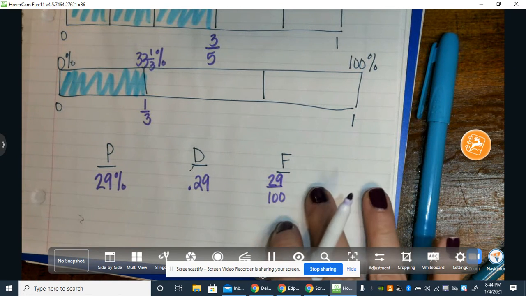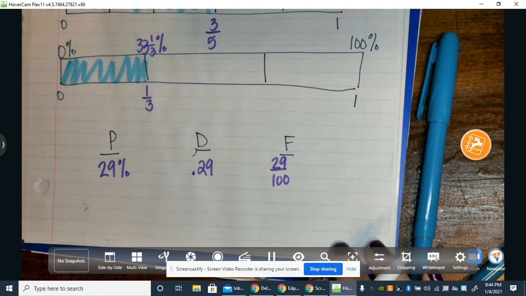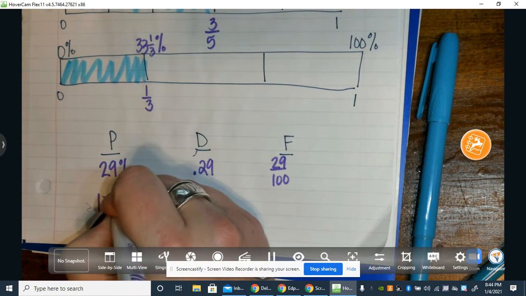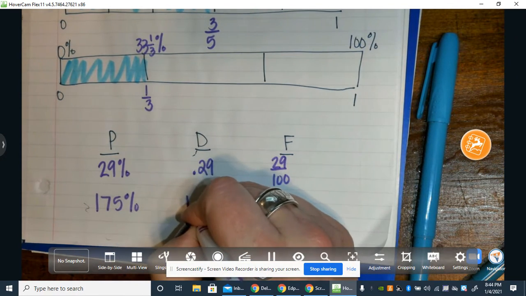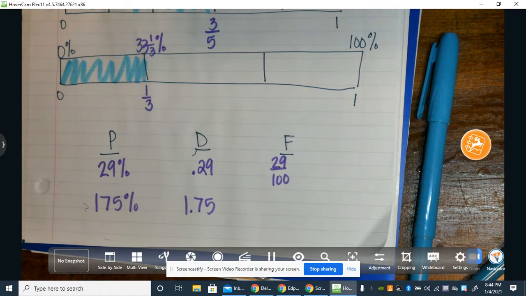You can also have percentages that are over 100%. So if I have 175%, well, percents are out of 100, so I'm basically moving 2 spots to the left. So that would be 1 75/100.